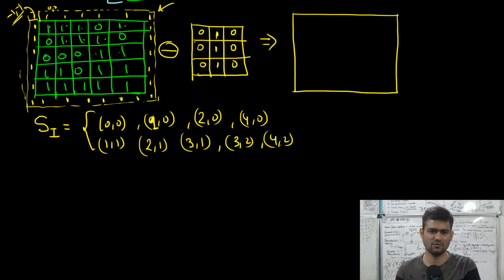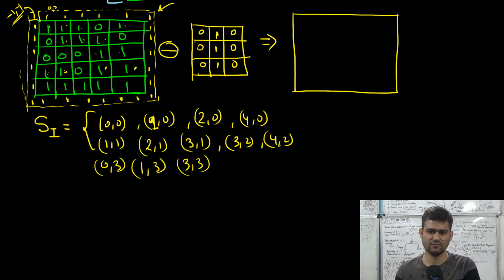Then we have 4, 0, 4, 1, 1, 4, 1, 3, 0, 1, 2, 3. We have 0, 3. We have 1, 3. Then we have 3, 3.